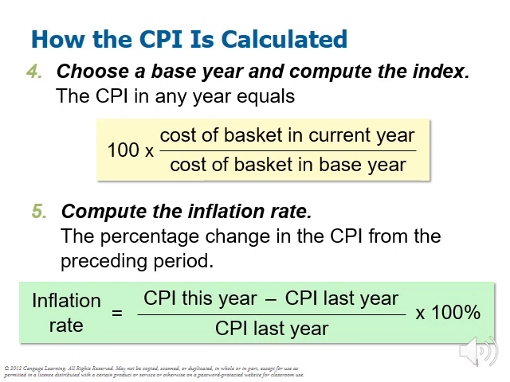The inflation rate will be equal to the CPI this year minus the CPI last year divided by the CPI last year, and then of course multiplied by 100 to give us a percent. In our next slide, we'll be doing a numerical example of this.